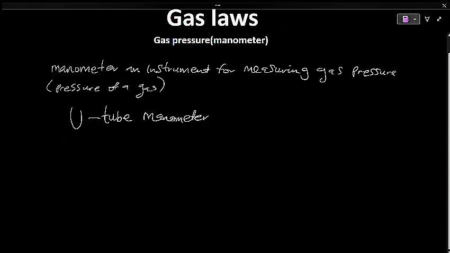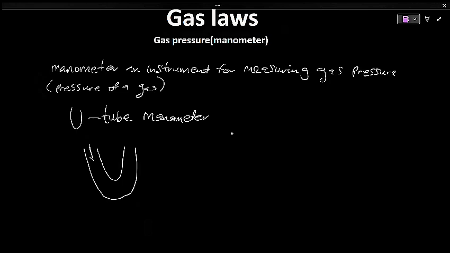Note that the U-tube manometer has two openings. One of the openings is connected to the gas supply, and the other opening is open to the atmosphere.